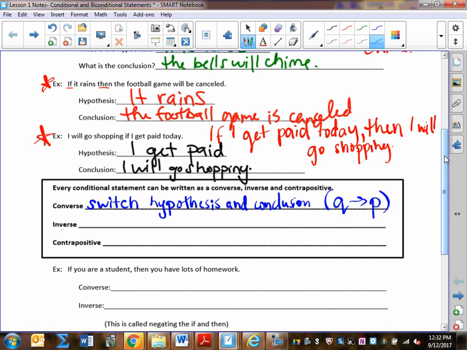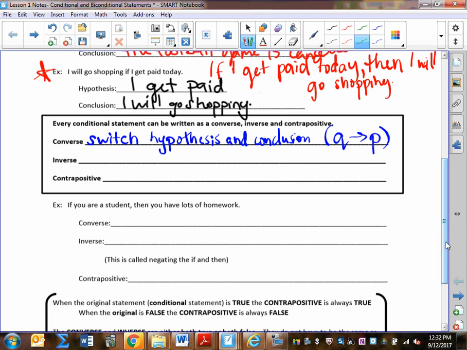Okay, next up, the inverse. The inverse is negating the hypothesis. What does that mean to negate something? You said like I didn't get paid and you didn't go shopping. Good. Basically, you're throwing in that word not, going the opposite. So my inverse, we're going to negate hypothesis and conclusion.